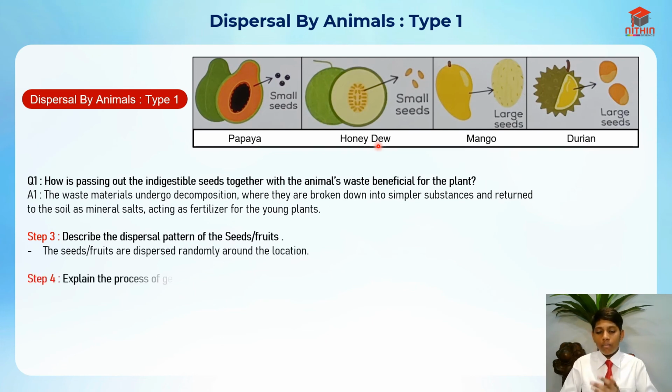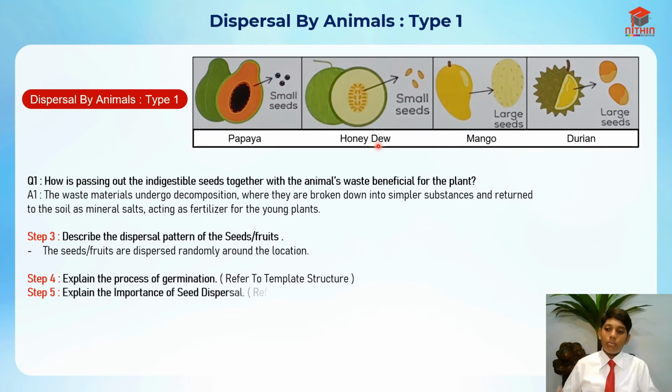I've said this a million times, because when it's passed out as waste, the waste materials undergo decomposition, where they are broken down into simpler substances and returned to the soil as mineral salts. So basically they act as fertilizer for the young plants. So that's why the plants can grow well and more healthily.